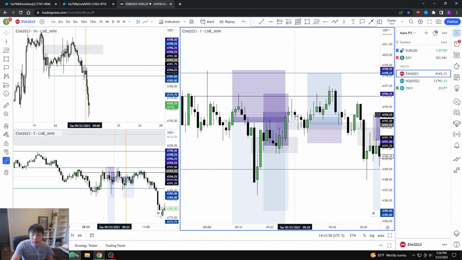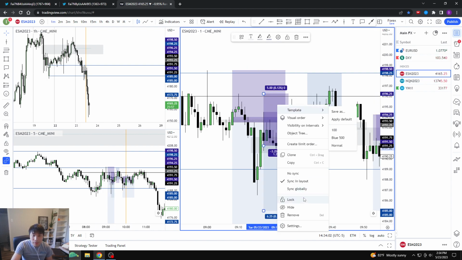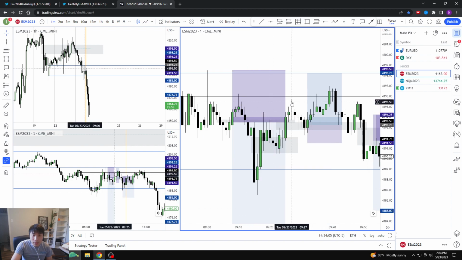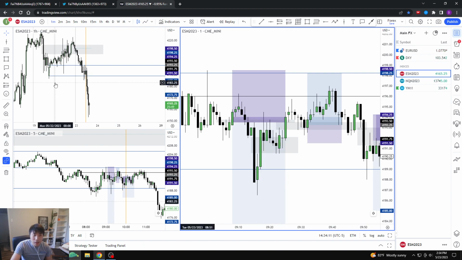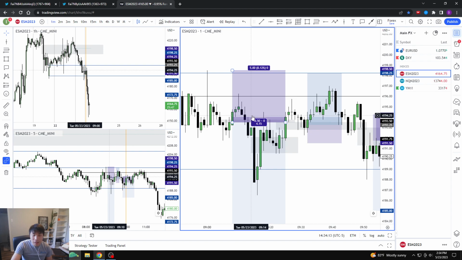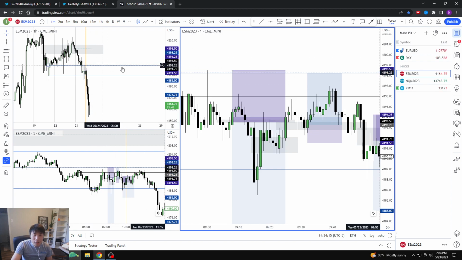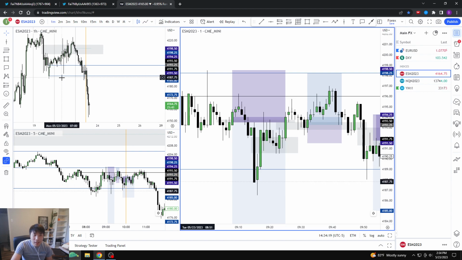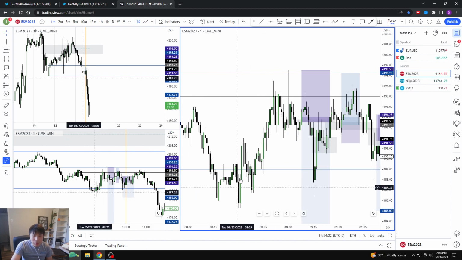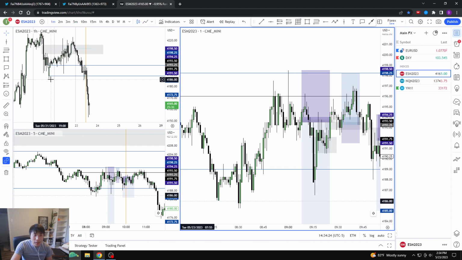And then after I got out early, because when I saw this high being taken out right here, and I saw this bullish fair value gap, I'm like, okay, I guess the bearishness is wrong. It could be going up higher to take out this high, because on the 1 hour, I see this wick, this right here, kind of took a sweep low.